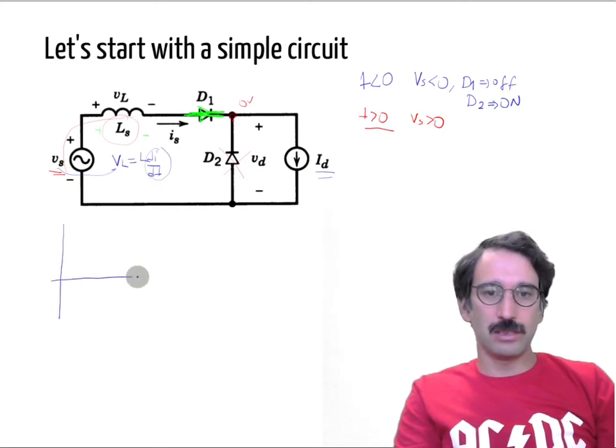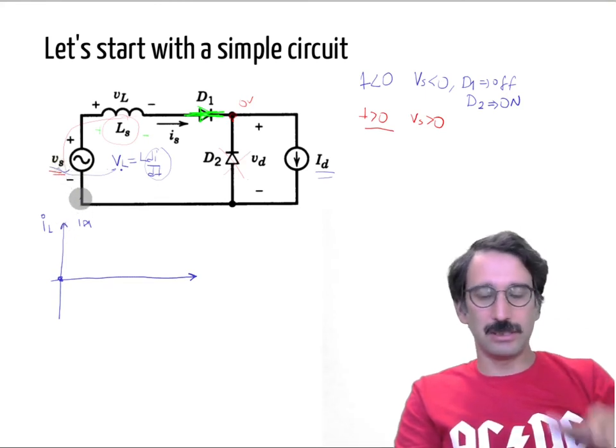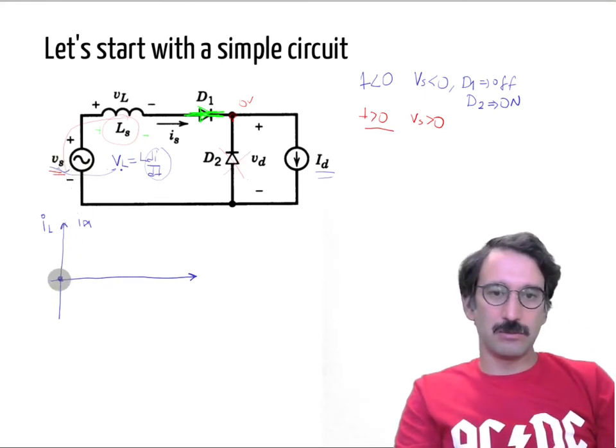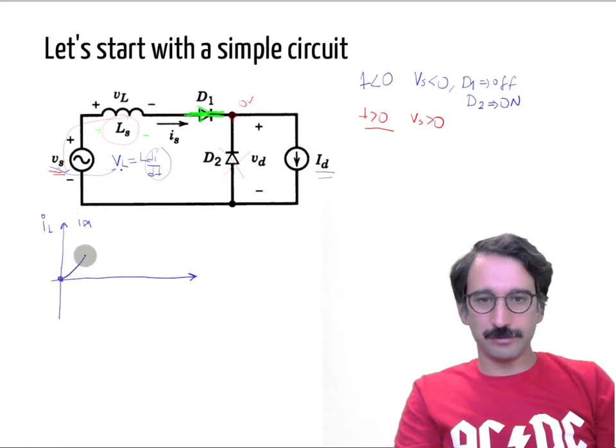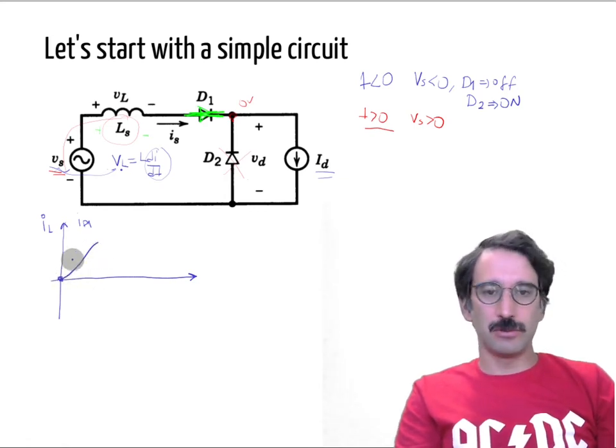If you think about it, let me draw it here. Let's say this is IL, which is the same as ID1. It was 0 at that point, and with that voltage difference, it will start increasing, following a sinusoidal shape. If you take the derivative, it will be another waveform. So it will start increasing, right?